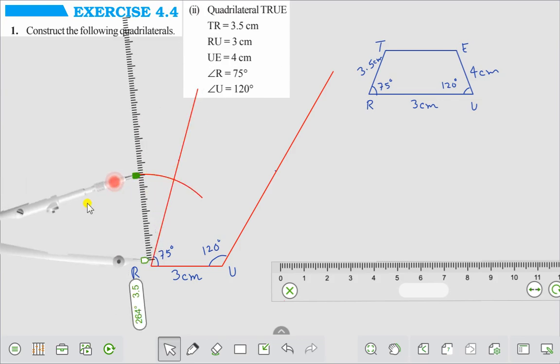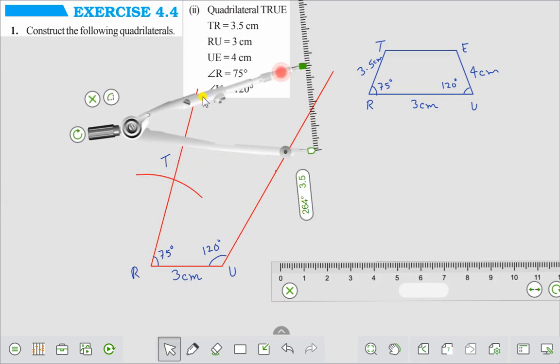See, this is 3.5 centimeter, and you got the point that is T. The length of this TR is 3.5 centimeter.